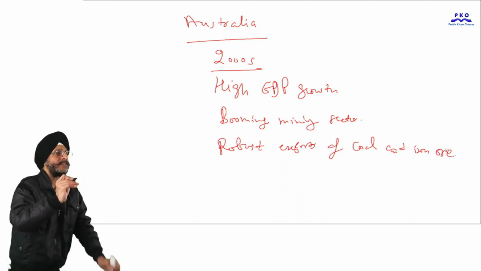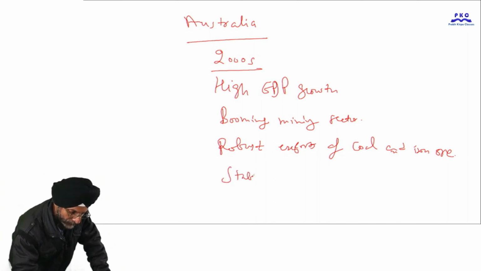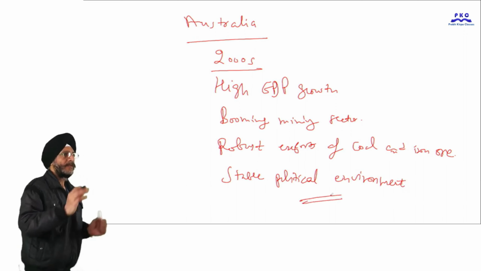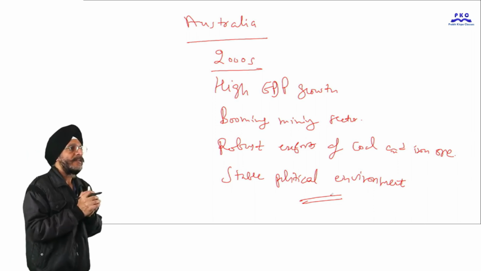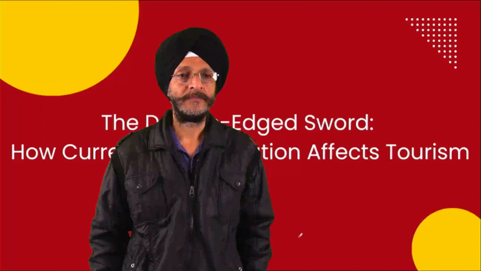Further, the political environment of that country was stable. So all these factors in Australia in the early 2000s helped in the appreciation of the currency of Australia.